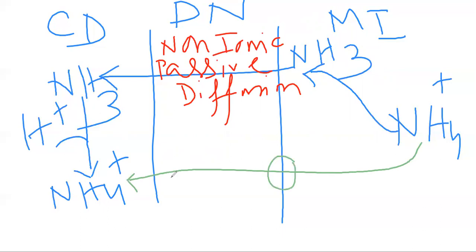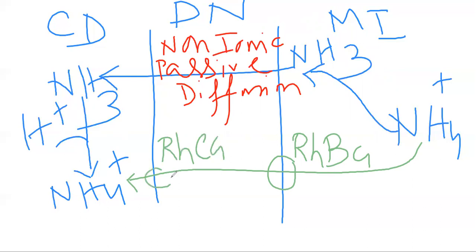First, it will encounter the RHBG channel, which is known as Rhesus subgroup BG channel, and here is the Rhesus subgroup CG channel. By the function of these two channels, it will be trapped in the channel and eventually pass through the cell membrane and come into the collecting duct and eventually be excreted in the urine.